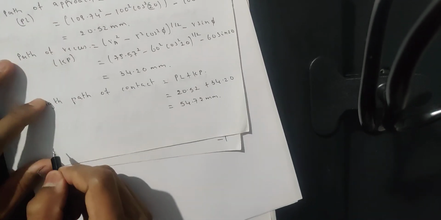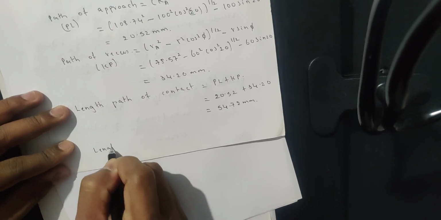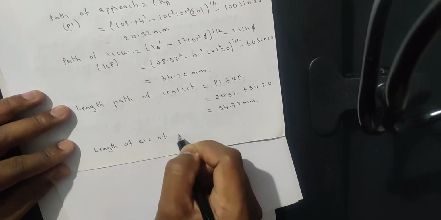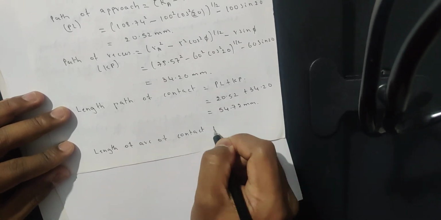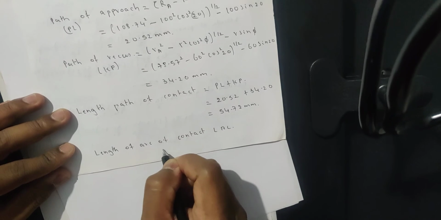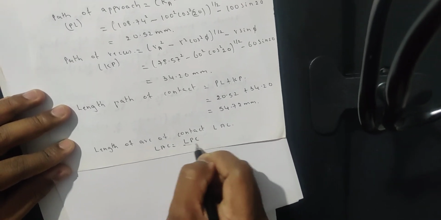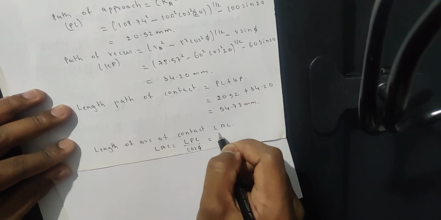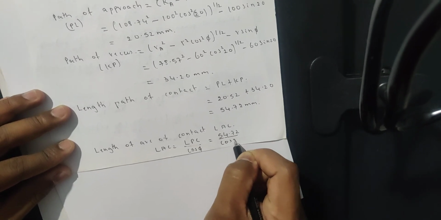So length of arc of contact, LAC, is nothing but LPC divided by cos phi. So LPC is how much? 54.72 divided by cos 20.